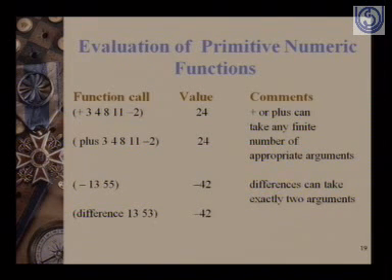Rather, 24 has been obtained by a sequence of processes in which at intermediate stages, first the number 7 came as a result of addition of 3 and 4, then the number 15 came as a result of addition of 7 and 8, then the number 26 came as a result of addition of 15 and 11, and so on and so forth. So the meaning is something which is related to the expression, but it is not the expression itself.